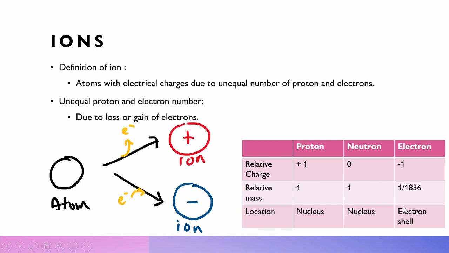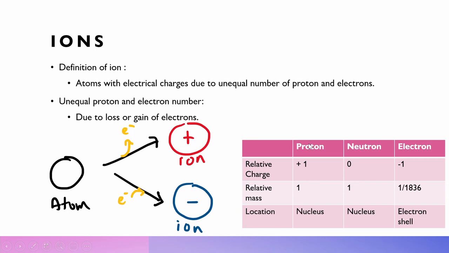Whereas the electrons are located within the electron shells, which is on the surface of the atom, which is much easier to reach. Also, a proton is much heavier than an electron, almost 2,000 times heavier. Both of these factors put together means that it is much easier to ionize an atom. Ionize is the process by which ions are formed. It is much easier to ionize an atom by moving electrons than by moving protons.